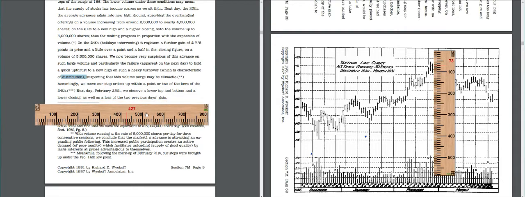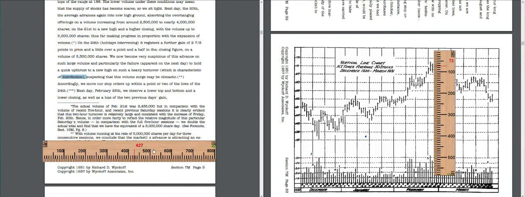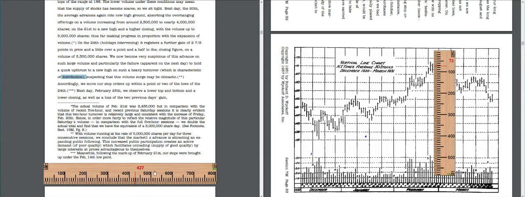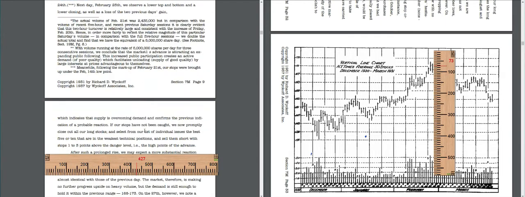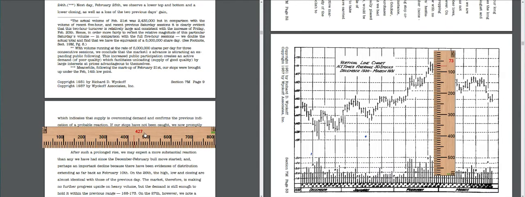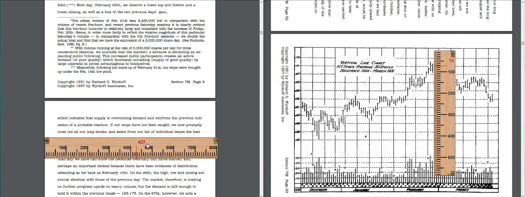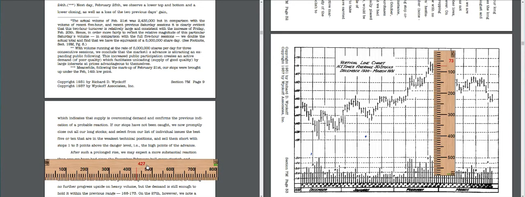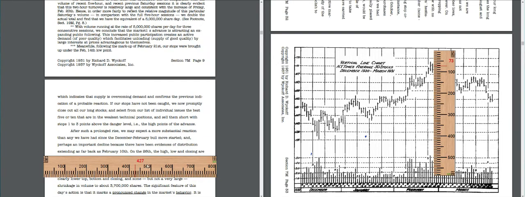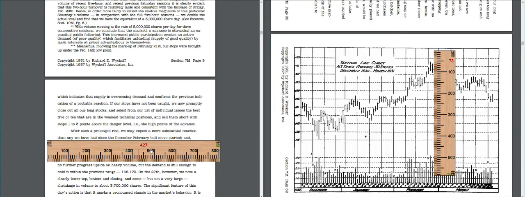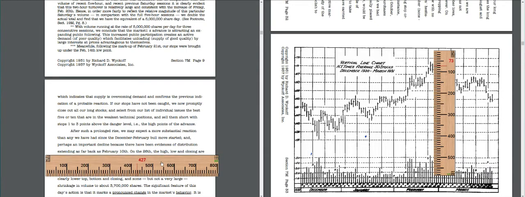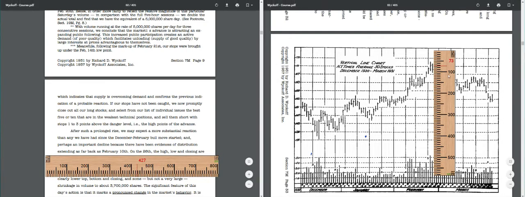So 2 days of gains are lost. After such a prolonged rise, we may expect a more substantial reaction and perhaps an important decline because there have been evidences of distribution as far back as February.